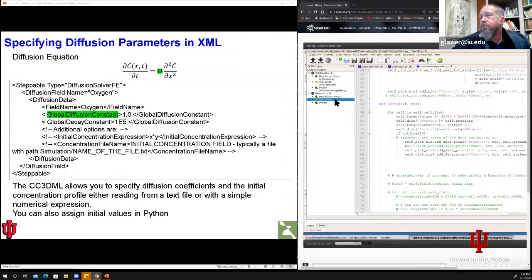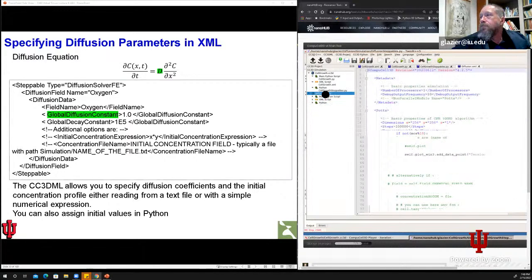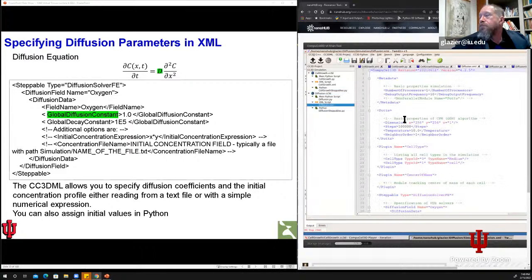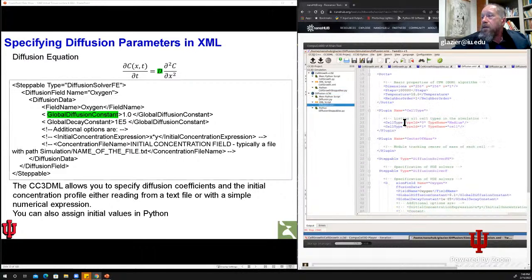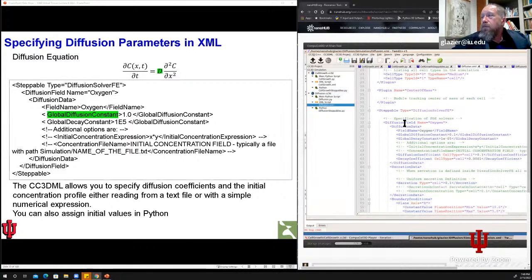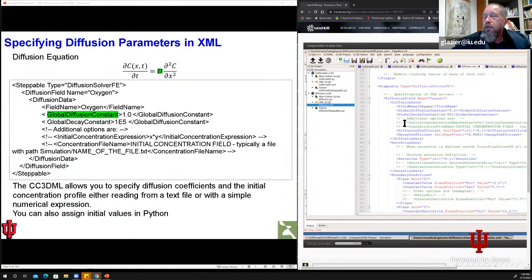XML, and there's going to be a steppable, which is not one we've seen before, which is going to be called diffusion.